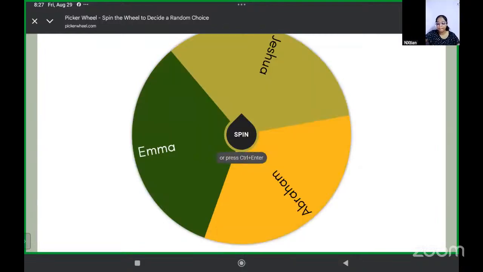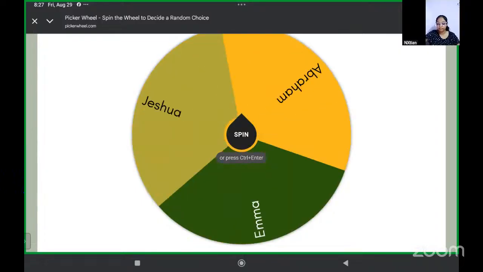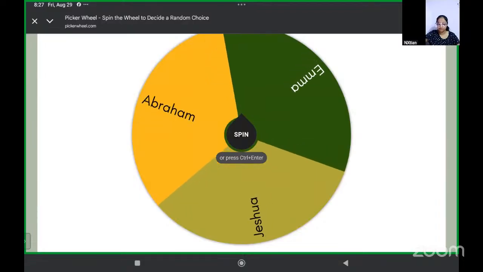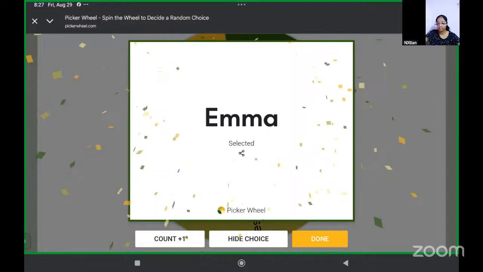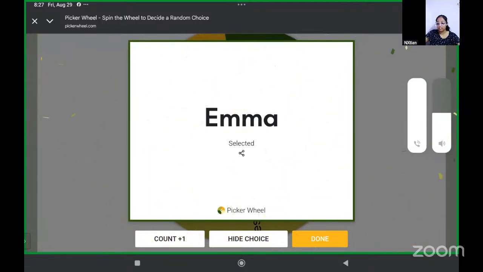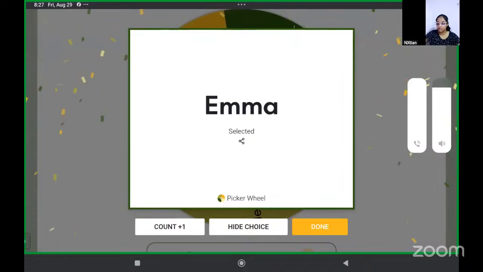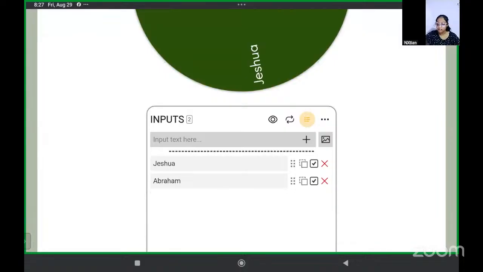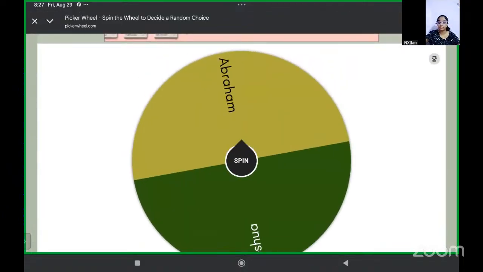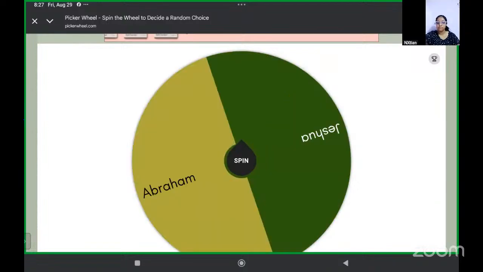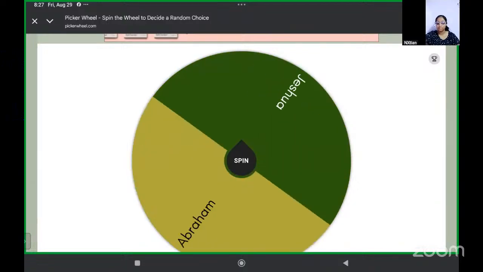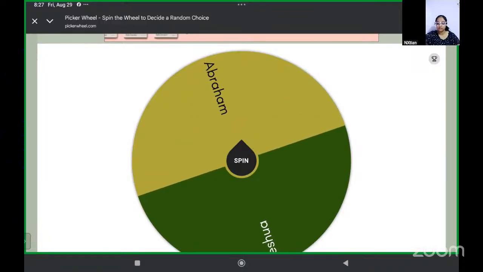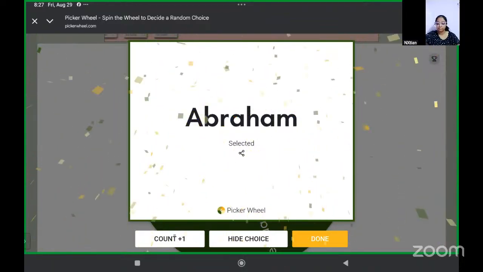3, 2, 1. Emma will get the first chance to answer in round one. Let's see who will get the second question, Joshua or Abraham.